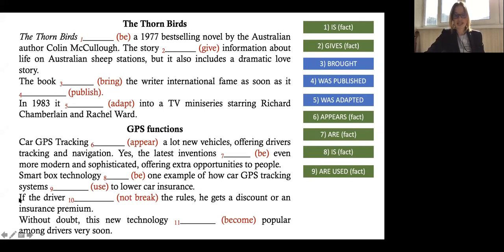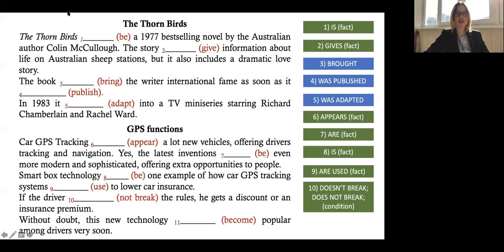In gap number 10, which is presented, by the way, by a new paragraph, a new paragraph makes us start thinking that something may change. But unfortunately, we still use here the present indefinite tense. But why? Let's try to analyze it together.